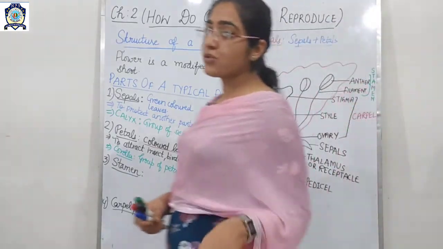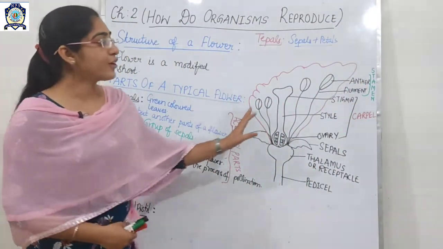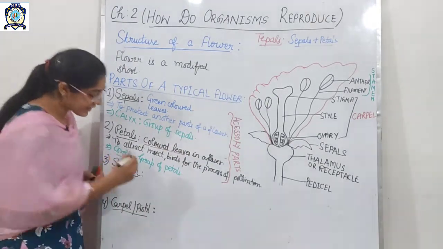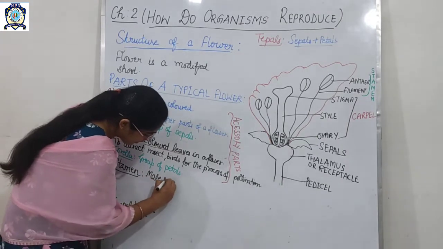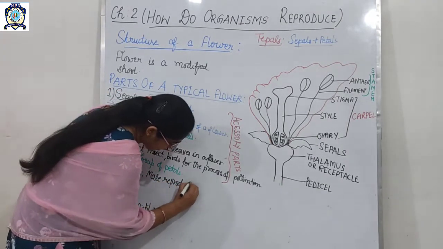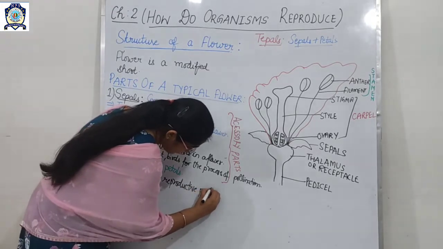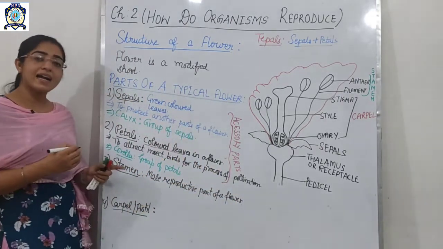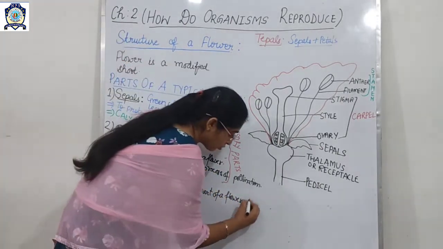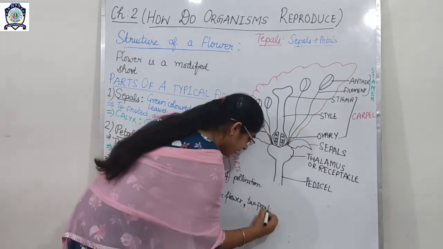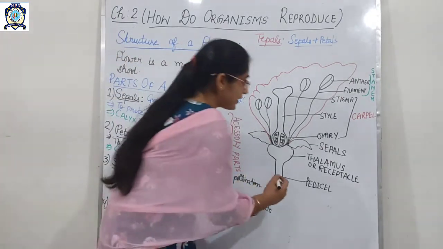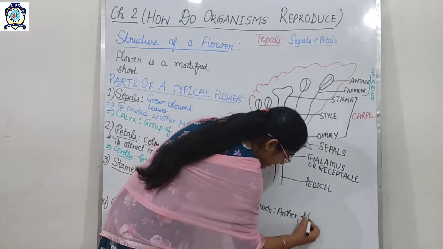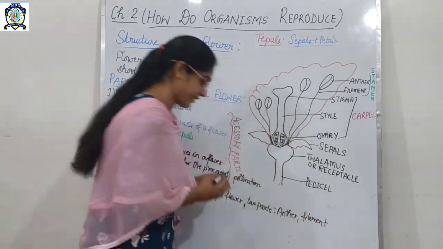So again I am going to tell you that if we talk about the male reproductive part, then what is stamen? Stamen is the male reproductive part of a flower. Am I clear? And it has two parts. As I have less space, you can easily write in detail. One is the anther and second is the filament.